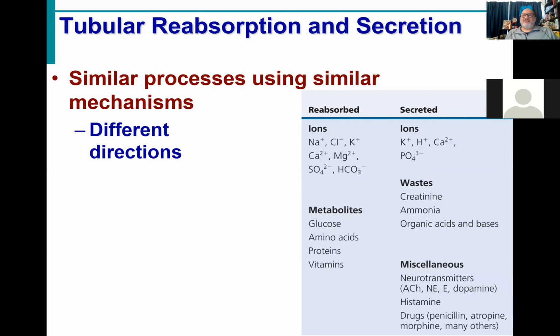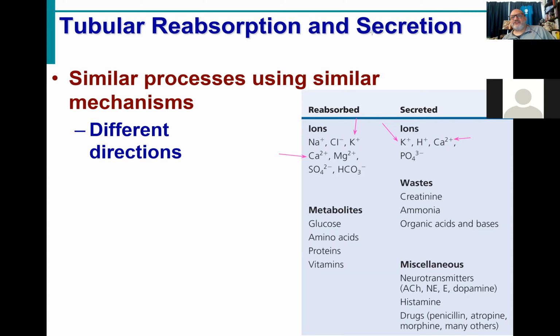Here we see some examples of some of the materials that are reabsorbed and some of the materials that are secreted. One of the interesting things you may note as you look at this list is there are certain things like potassium that is both reabsorbed and secreted, like calcium that is both reabsorbed and secreted.